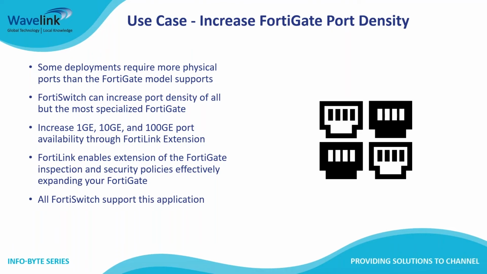So that way, when we actually assign a VLAN to a switch port, we are technically doing the same thing. We are extending the capability of the FortiGate's ports right to the switch, and that switch will act as an extension, right? And of course, all the FortiSwitches support this application and methodology of doing the network.